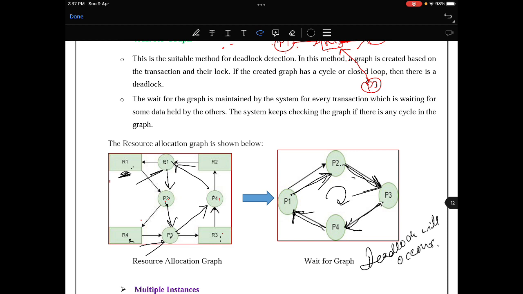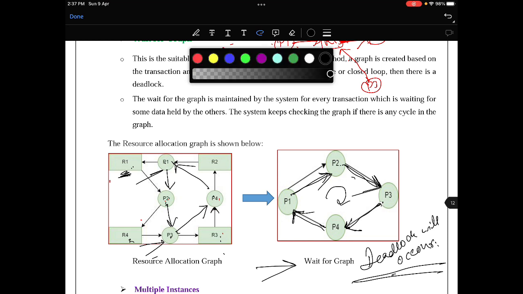This is the solution if they ask you to draw the wait for graph to see whether deadlock will occur or not. Because there is a cycle, deadlock will definitely occur.